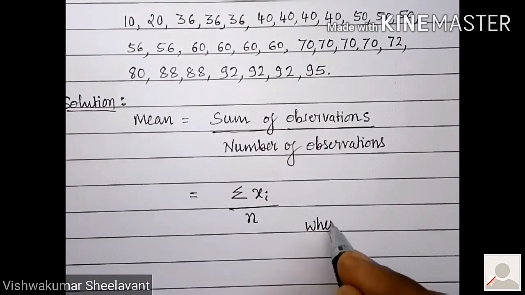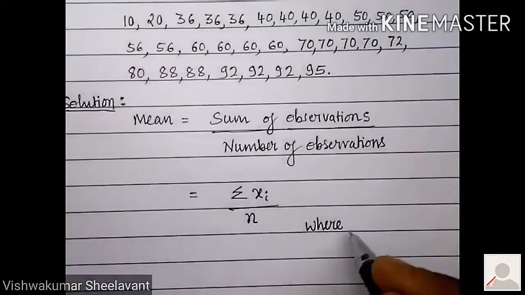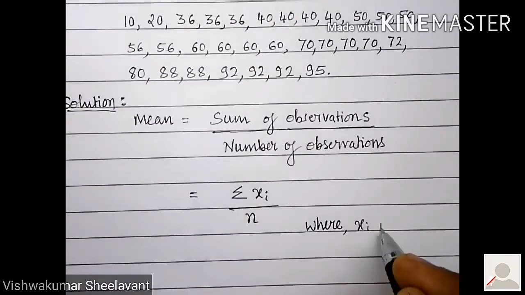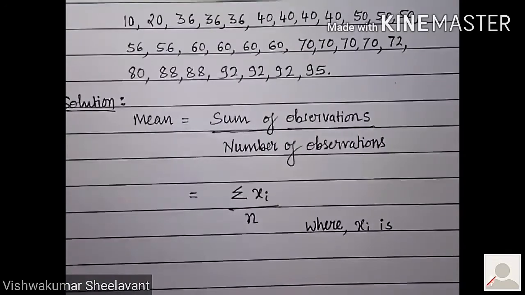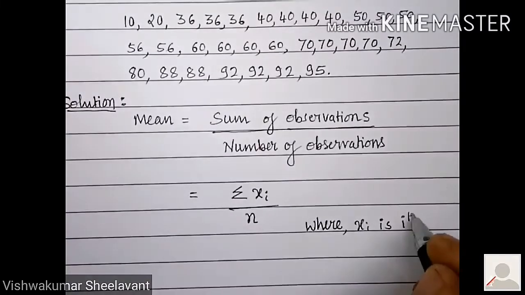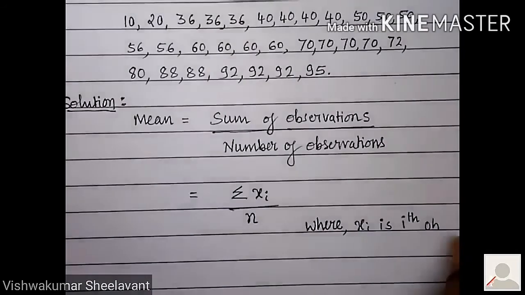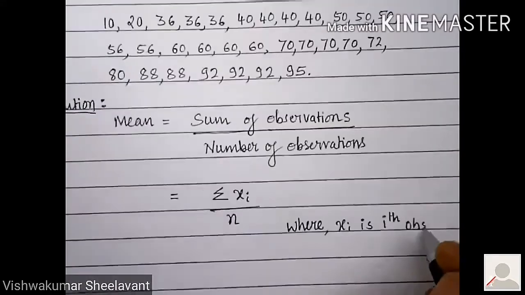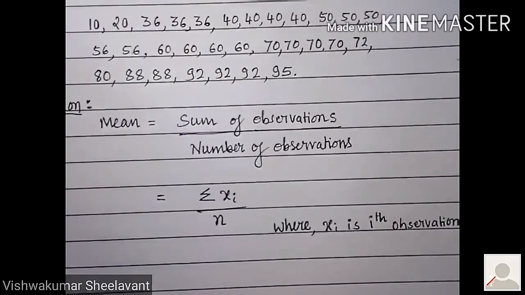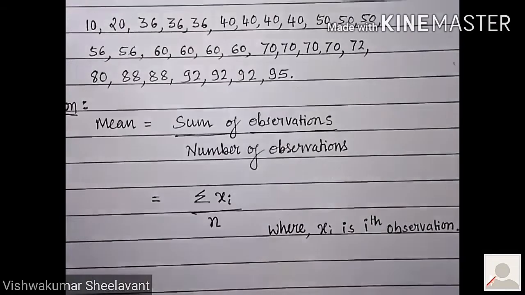So we have to write here where xi is ith observation.